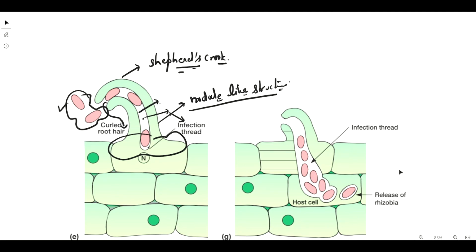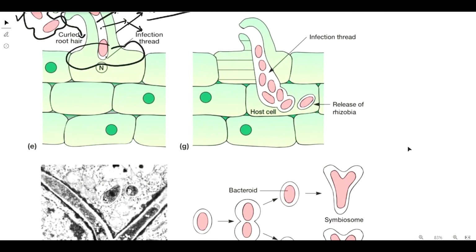Upon formation of the infection thread, the rhizobia further get released in the root hairs, because it is protected by the plasma membrane of the plant.